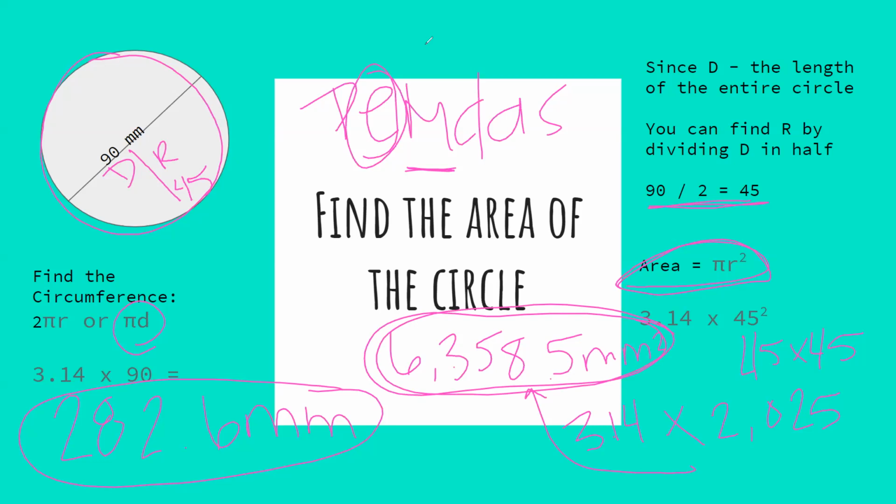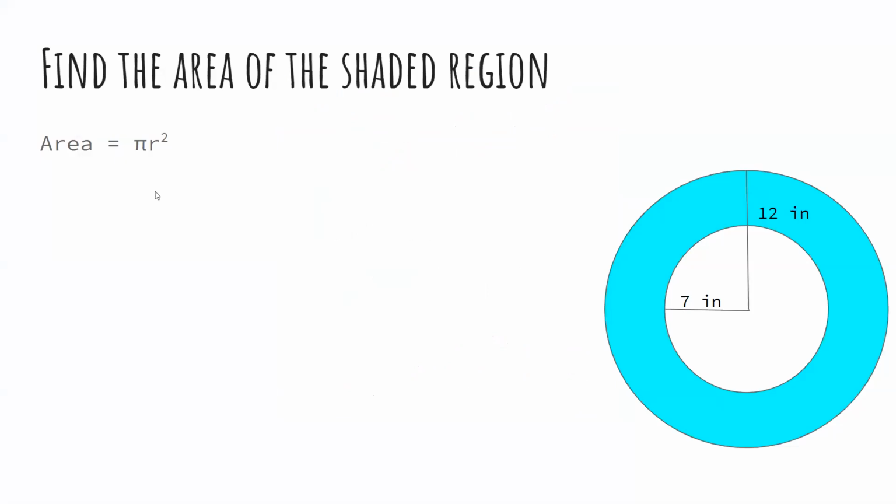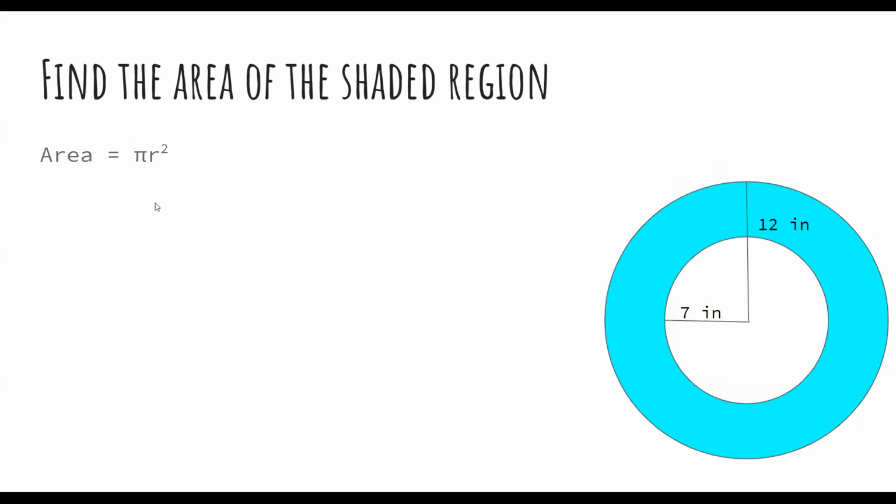Okay. So this next slide, and you have a couple of these in your homework, so I really hope you are paying attention to them. It is giving you a circle and asking you to find the area of the shaded region. So what I'm actually going to do is find the area of both circles and then subtract them.